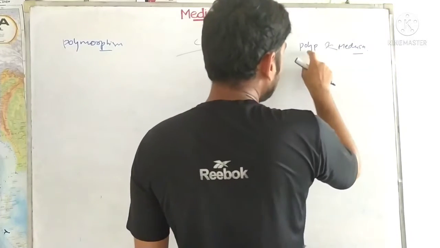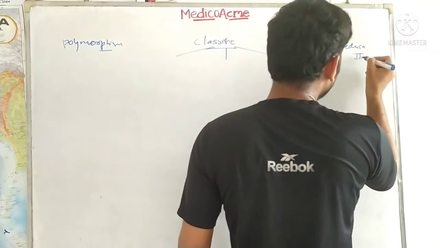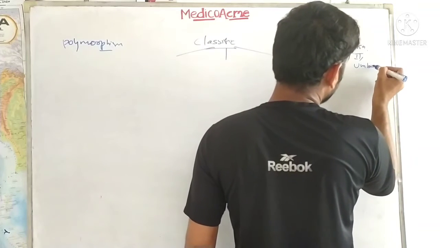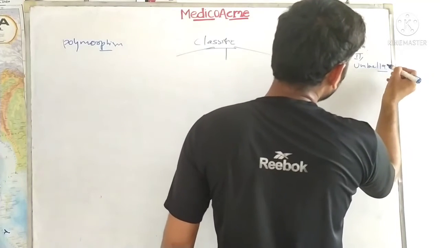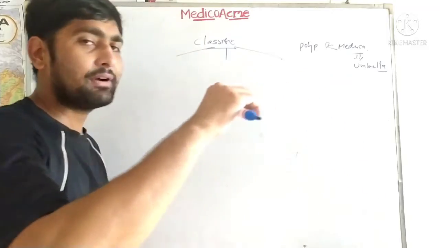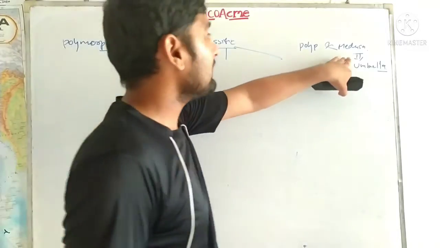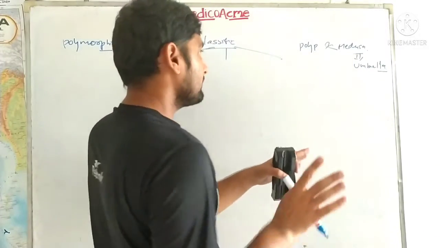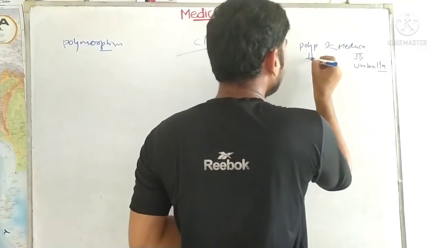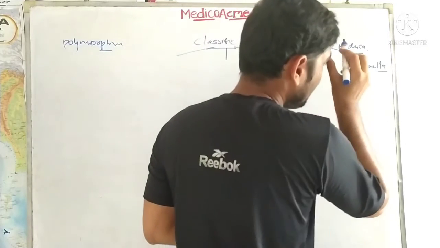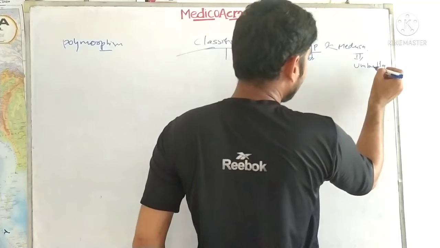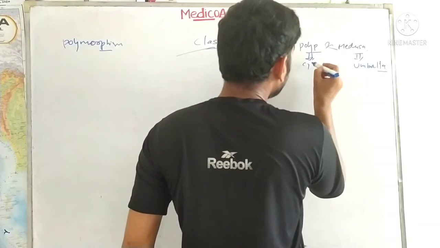So guys, what is polyp? What is medusa? Medusa is actually an umbrella-like structure, just like you have seen a typical fungus. This is in layman's language, so that I can make you understand it. Okay. So umbrella-like structure, and polyp is a cylindrical structure.